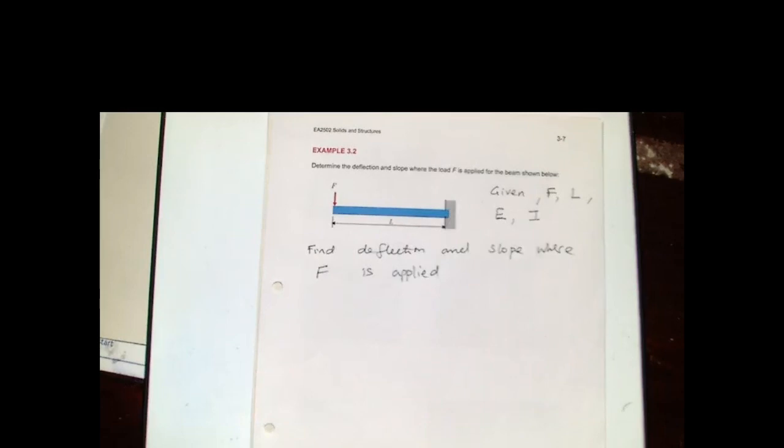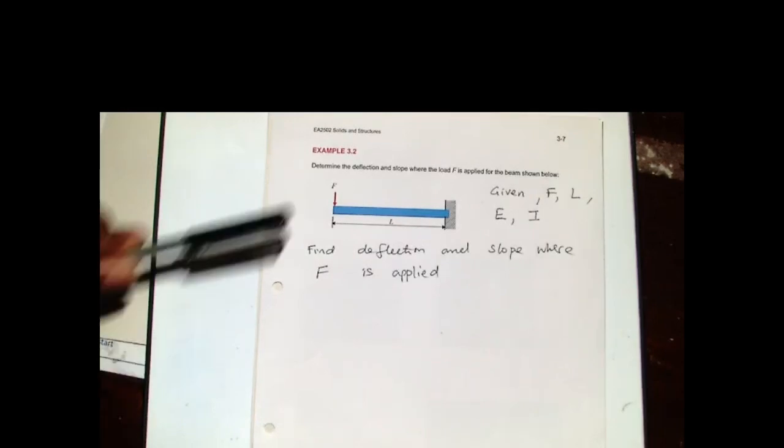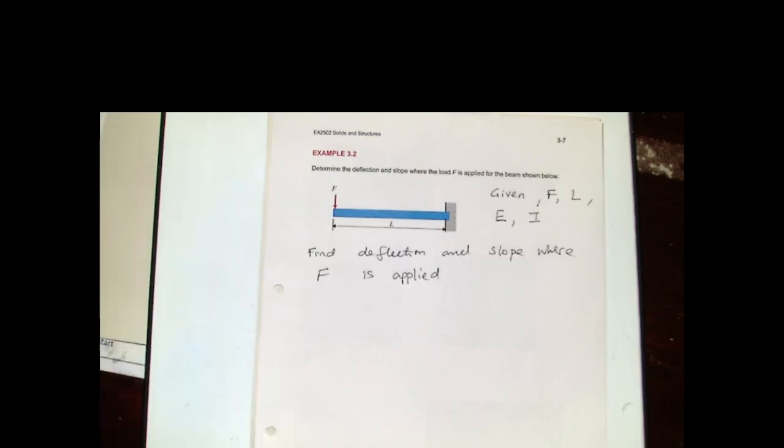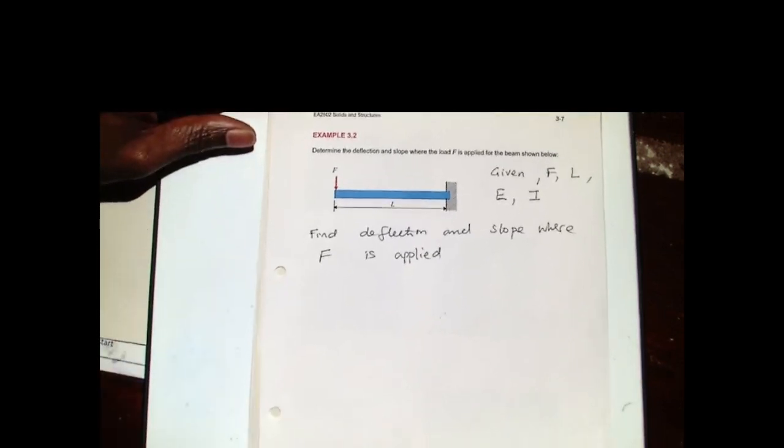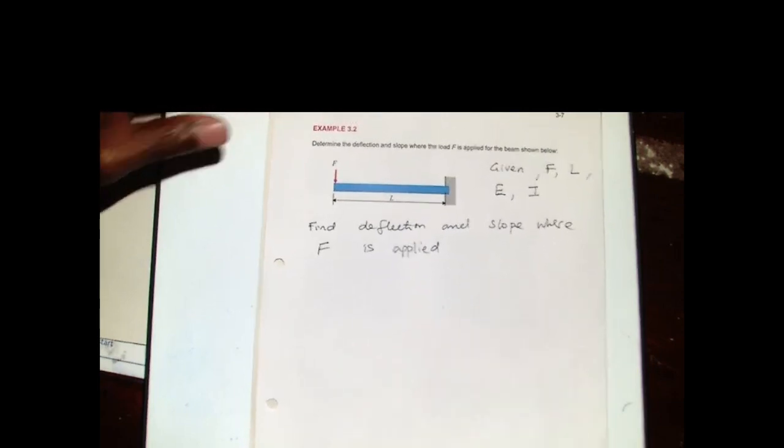We know how the beam is going to deflect: downwards where that force is. So we want to find the magnitude of that to make sure that it is within the level that we want it to be.